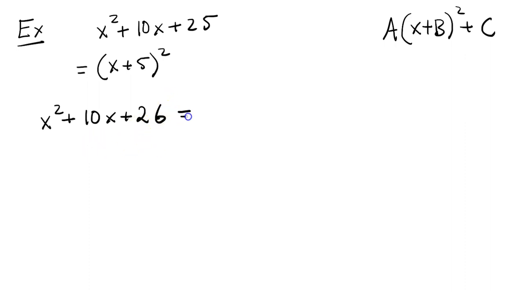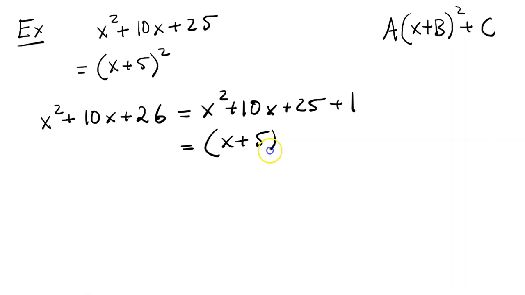But this is easily solved, because if we write it like this, we see that this part here we can write as x plus 5 squared, and this one just follows along, and this here is in this form. So now we know how to write this in this form, even if this doesn't go up to a square as we would like. Okay, so that's one way.